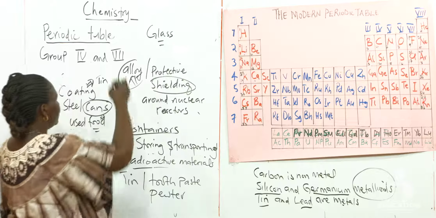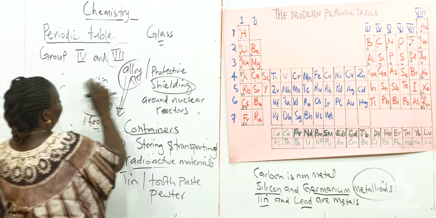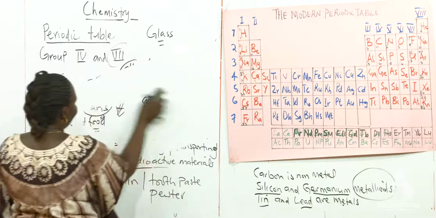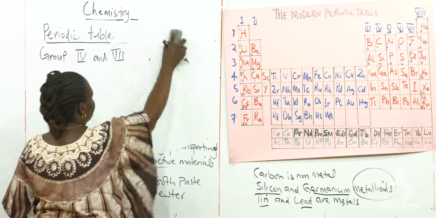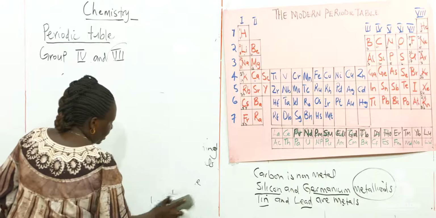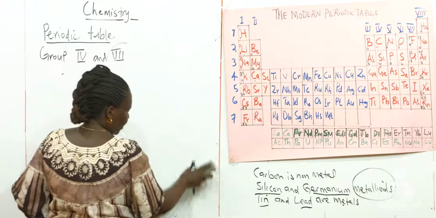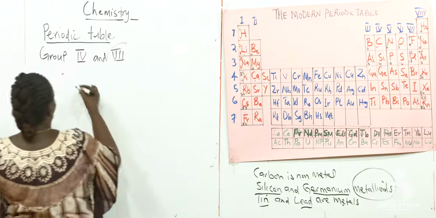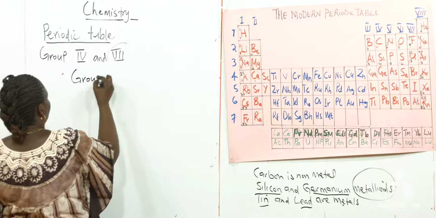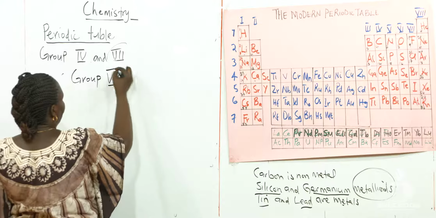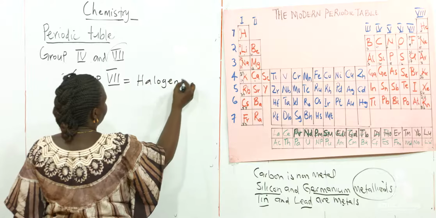Then let us look at group 7. Members of group 7 are known as the halogens.